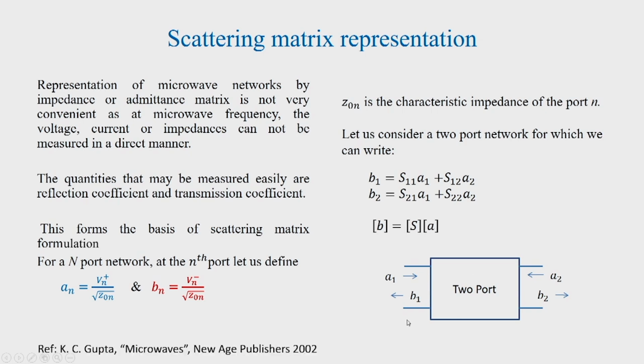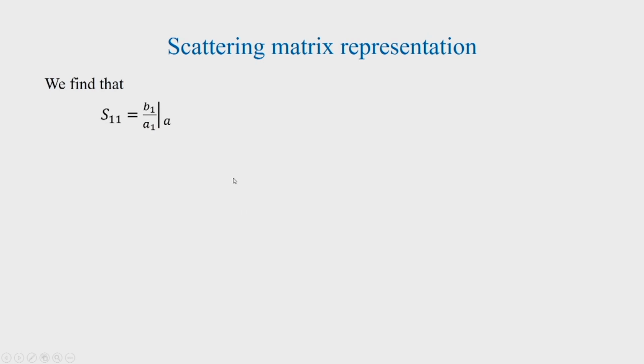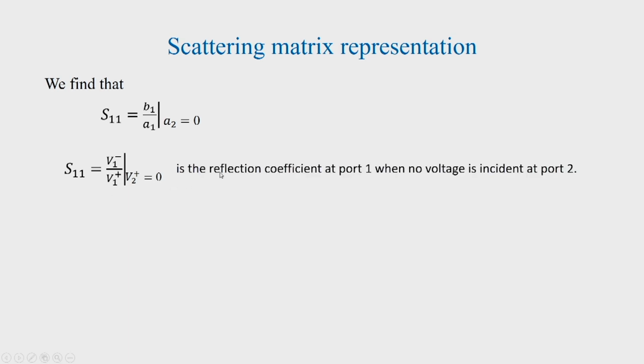Now, we find that S11 is actually B 1 by A 1 when A 2 equals 0, and therefore, it represents V 1 minus by V 1 plus at port 1 when V 2 plus is equal to 0, and this is essentially the reflection coefficient at port 1 when no voltage is incident at port 2.